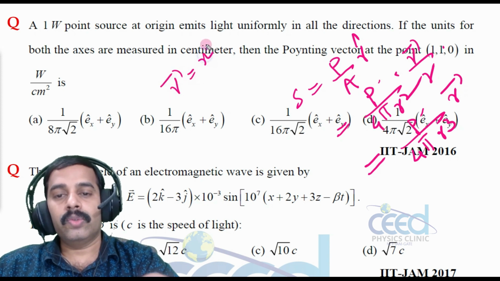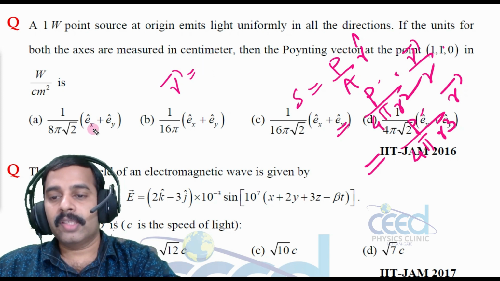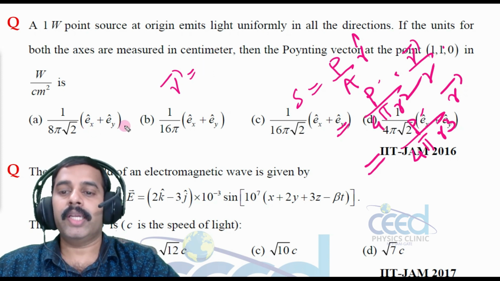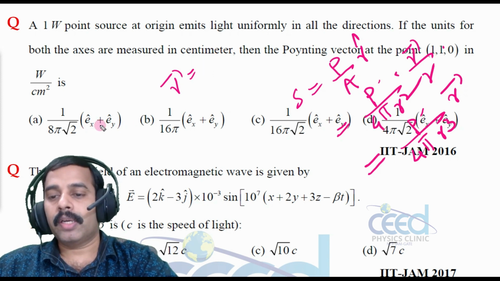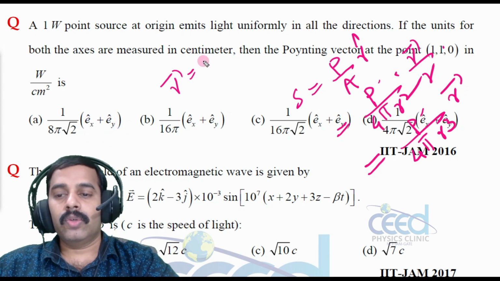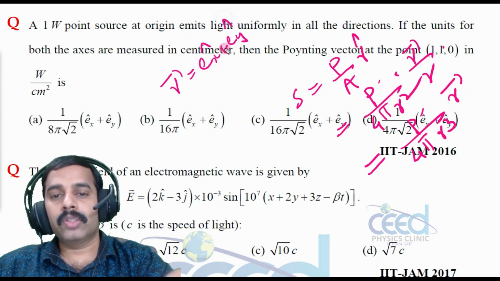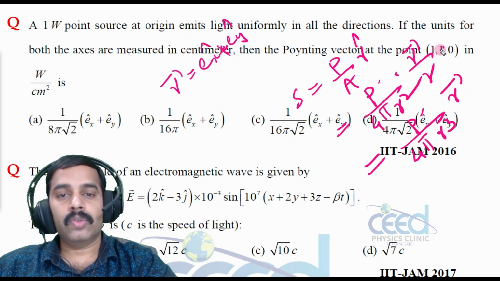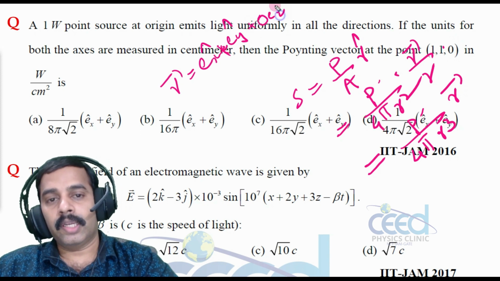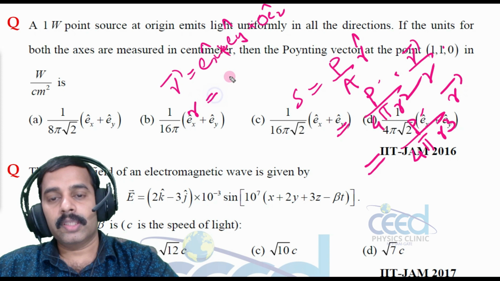The answer is given in ex cap and ey cap, so I cap and j cap are represented with ex cap and ey cap. So r vector is ex cap plus ey cap, there is no z component here, so 0 ez cap, right? And what is the modulus of this? That is square root of 1 square plus 1 square, that is root 2, right?